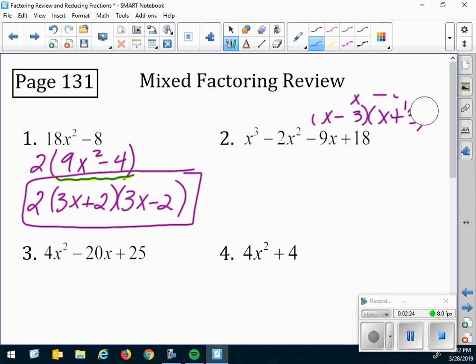Write down number 2, please. How many terms do you see? 4. Factor by grouping.